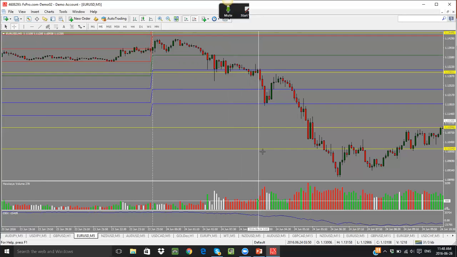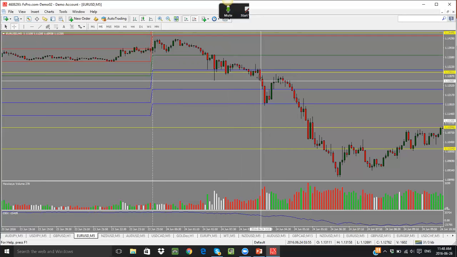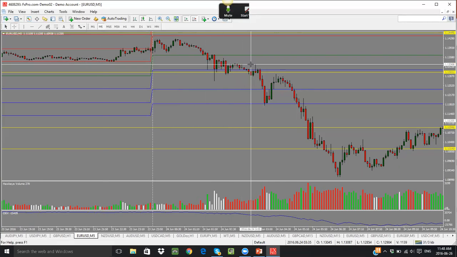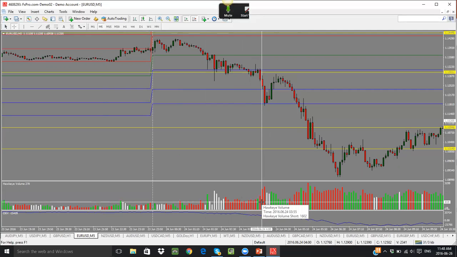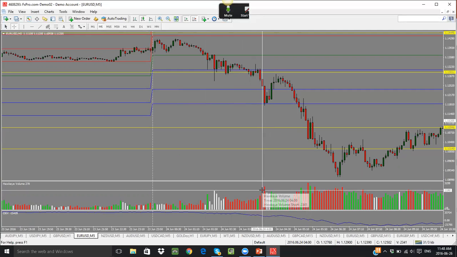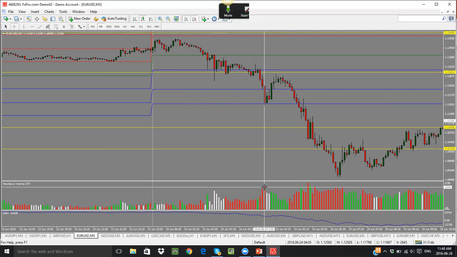When the price really starts moving, with a big red candle here, you should see an increase in volume at the bottom as well. Here is your volume at this level, the next candle has even larger volume, and the following candle has even larger volume. So you see the volume going up and price coming down, which is great because this shows us that this is the right side of the market to be in.